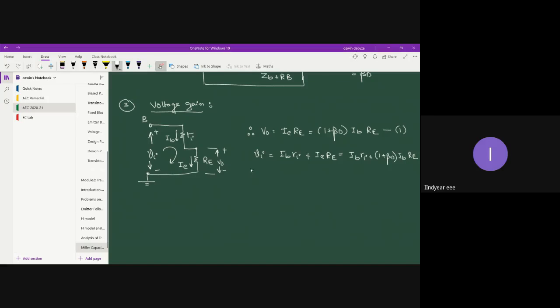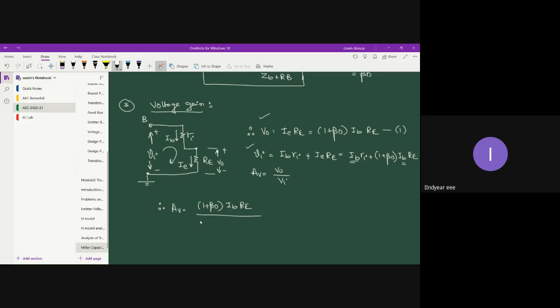Or you can even use the voltage gain expression, because you have V naught and you have Vi. What is voltage gain? Voltage gain is the ratio of output voltage to input voltage. So AV is equal to V naught. V naught is 1 plus beta D into IB into RE, divided by Vi, where IB is common.